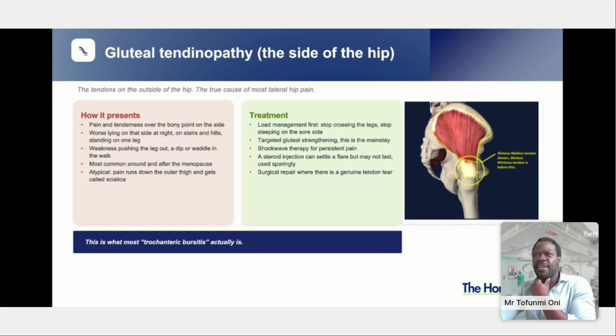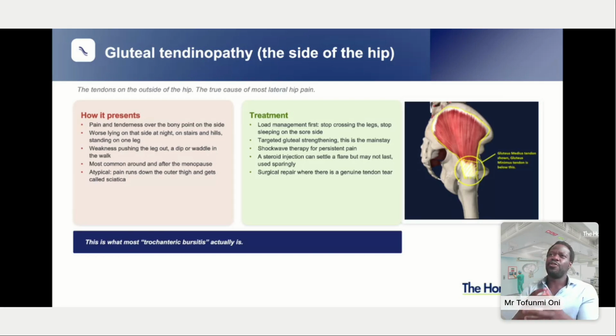So gluteal tendinopathy just means wherever the gluteal tendons attach to, which is the side of the hip. And we've talked about this, they attach to the trochanter, and that leads to a trochanteric bursitis.